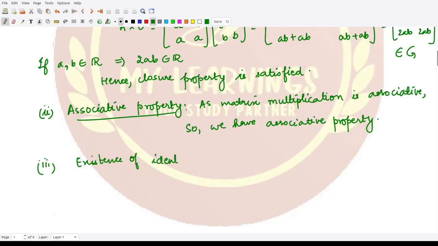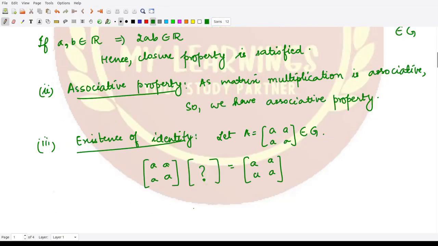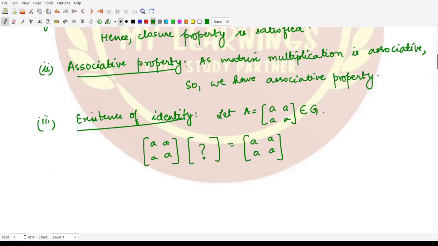We are basically looking for a matrix such that if we take this A from the given set G and multiply, we would get back again A. Let's take this matrix to be X. If you take the left hand side and multiply it, it would be 2AX in every entry.